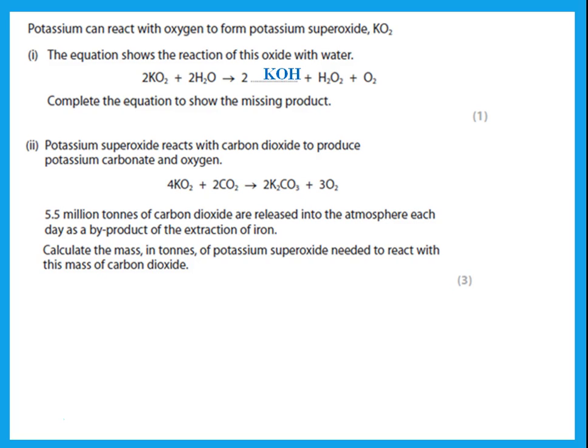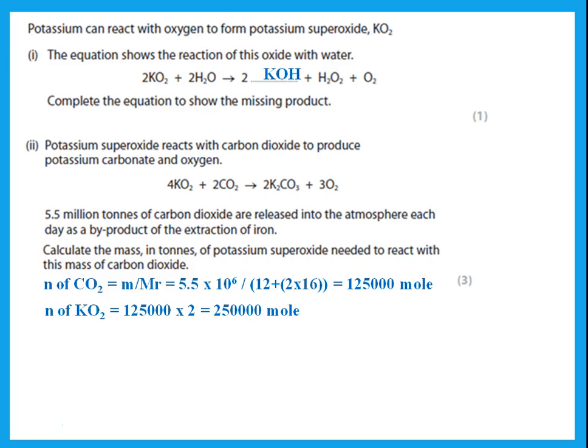So if I have 5.5 million tons of carbon dioxide, I calculate the number of moles. A million is times 10 to the 6. So the number of moles is mass over the molecular mass of CO2, and then from that I relate it with the number of moles of KO2 from the equation.